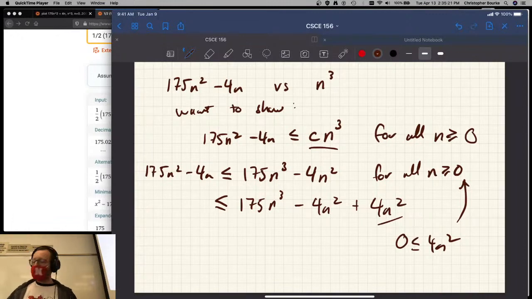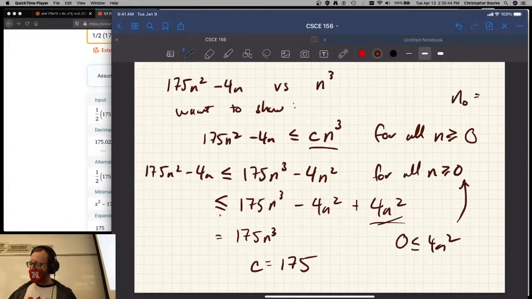So by adding this one term over here, the inequality is still satisfied. And these two will end up canceling out, and guess what? 175 n cubed. So what's my c? 175. What's my n naught? 0. That's what I started out with.